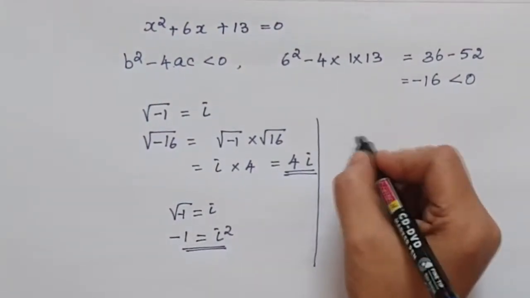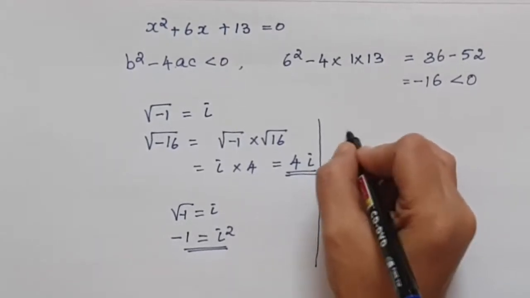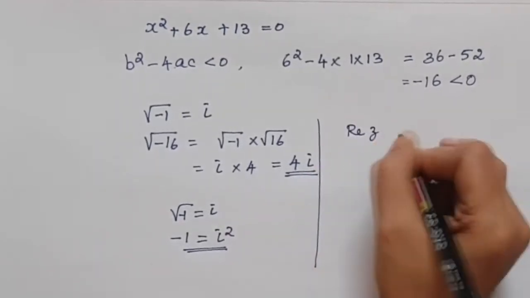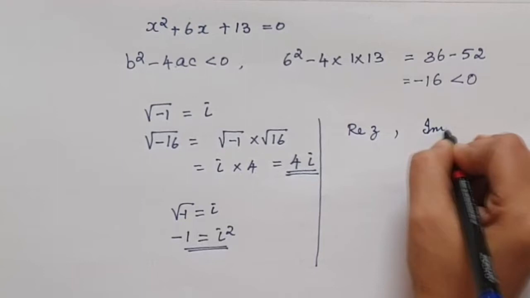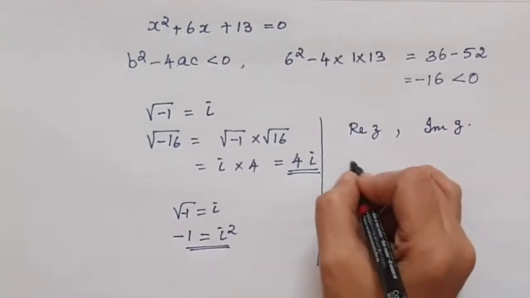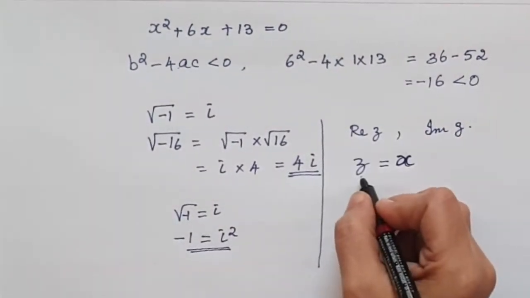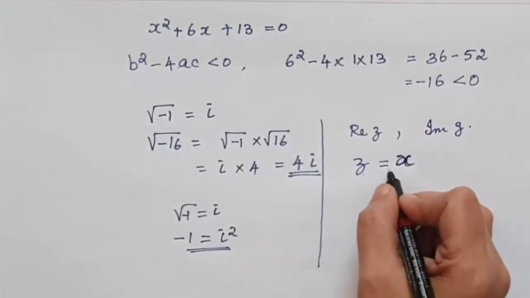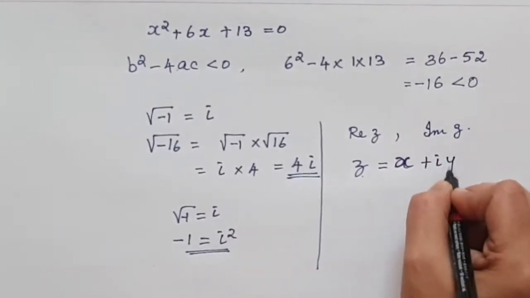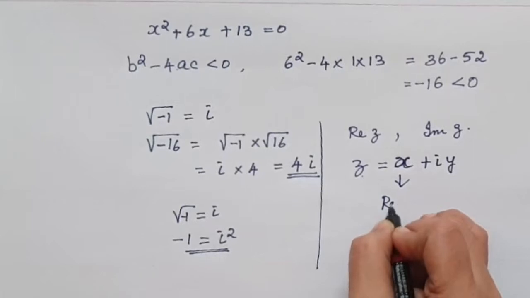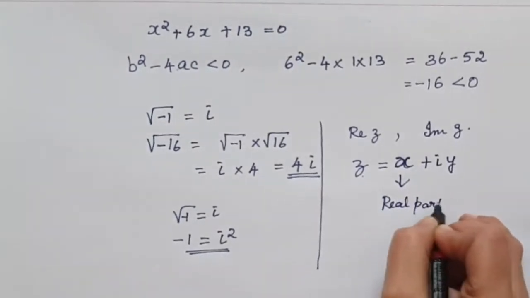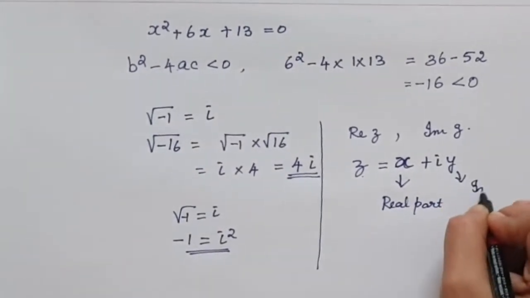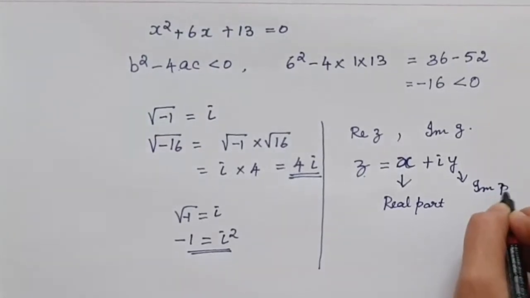A complex number has two parts. The real part, which is called real z, and the imaginary part, imaginary z. So a complex number z can be written as z equals x plus iy. This x is the real part and y is the imaginary part.